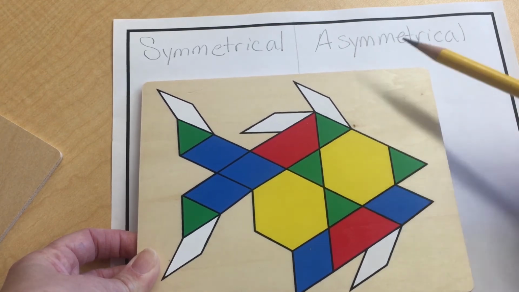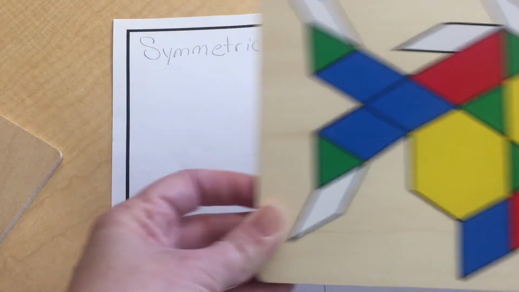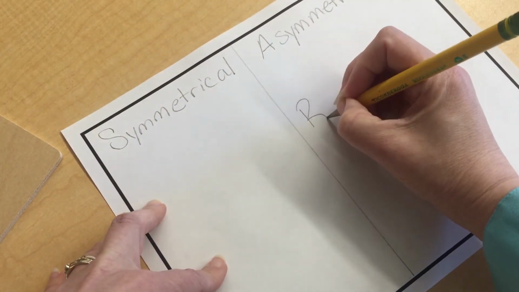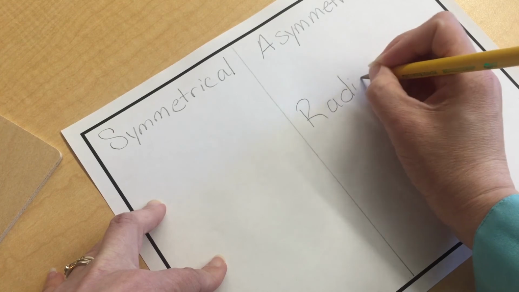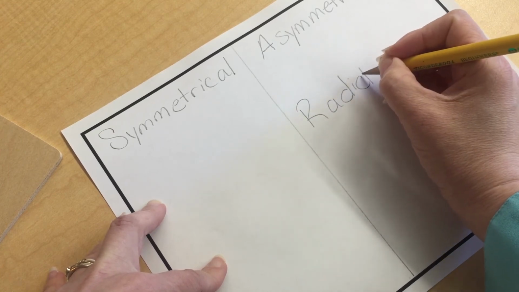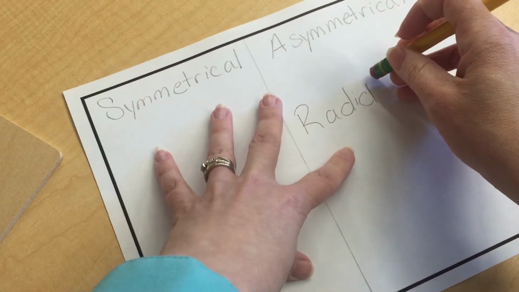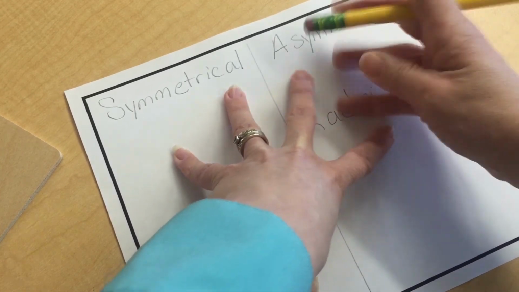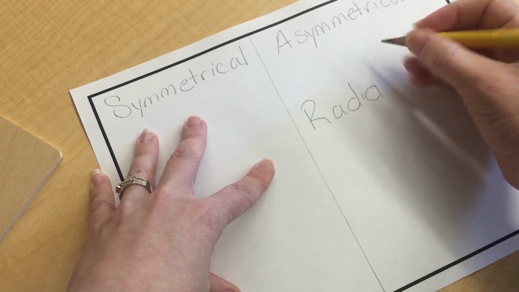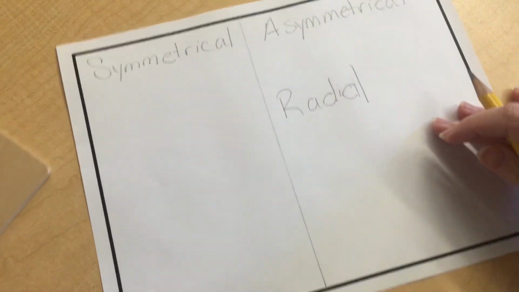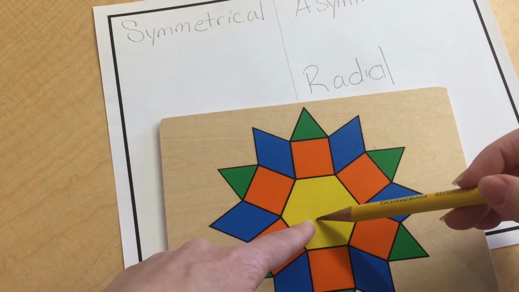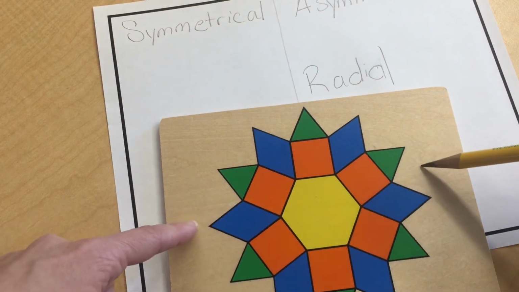So this one is asymmetrical. Now we learned one more word. My A got away from me. All right, so that's the one that started in the center and worked its way out.